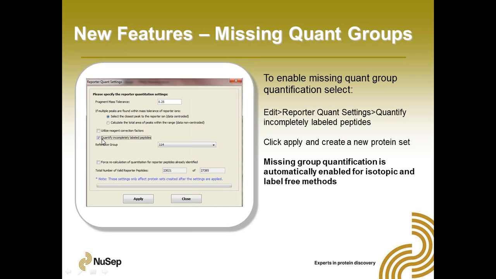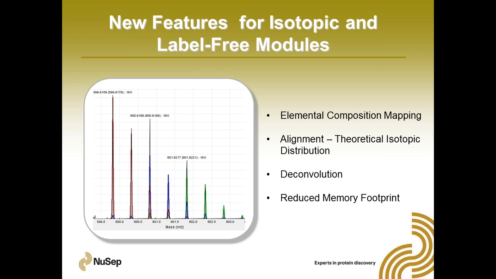The button's right here, and again, this is under your Edit menu. You just check this little box that tells the software to go ahead and quantify things that are missing channels. Click Apply, and you need to copy all your proteins or peptides to a new list. That will reinstate the changes to the quant values. And again, isotopic or label-free, you don't do anything. It's automatically accounted for.